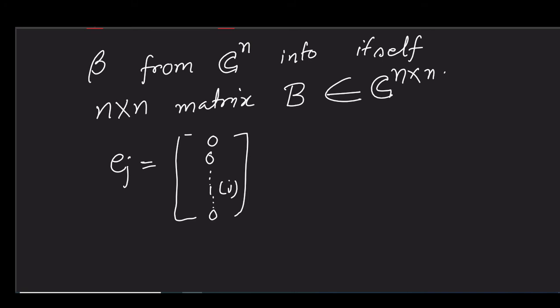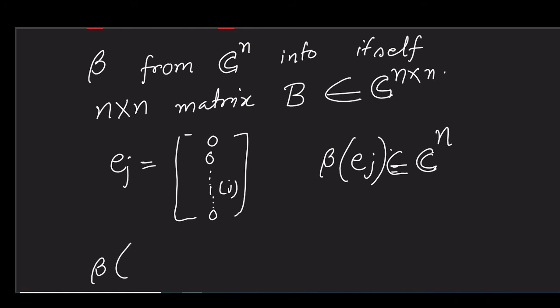Now we can write beta Ej, which will also belong to Cn. Accordingly, you have beta with different values of Ej.